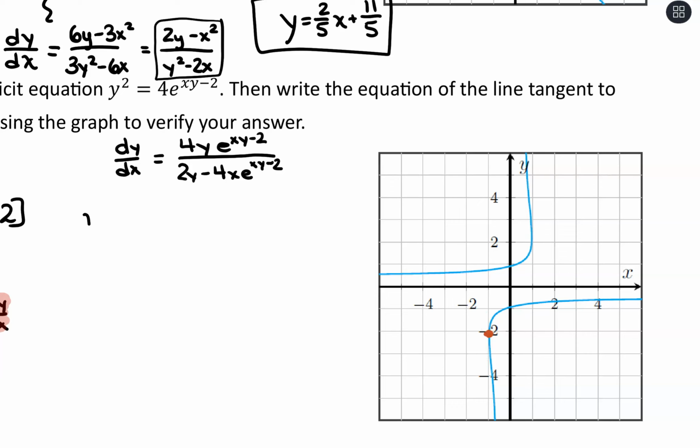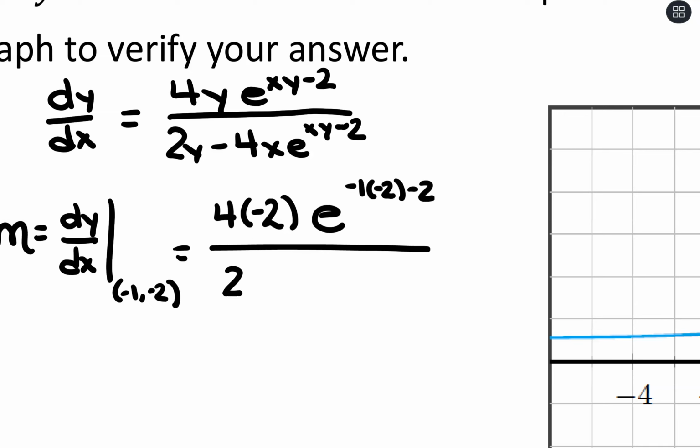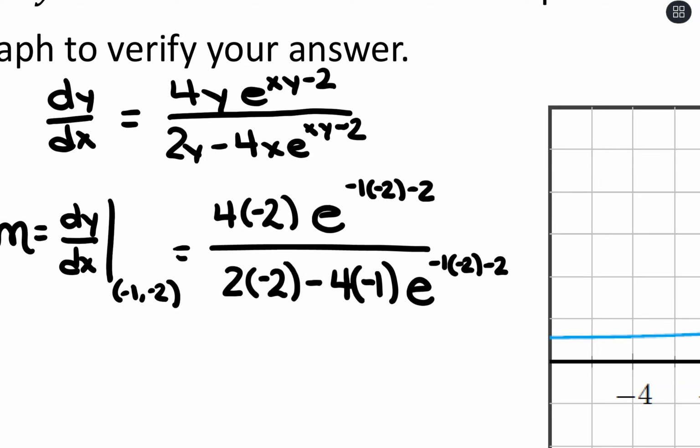So for the slope of the tangent line, I'm going to evaluate dy/dx at that coordinate (-1, -2). So that's going to look like 4 times -2 e to the (-1 times -2 minus 2) over 2 times -2 minus 4 times -1 e to the (-1 times -2 minus 2).